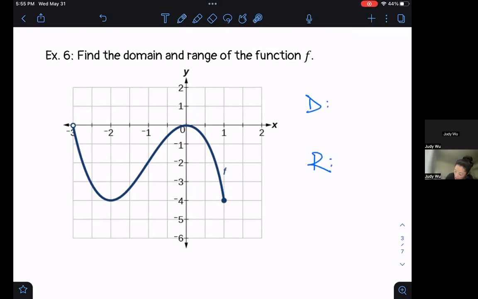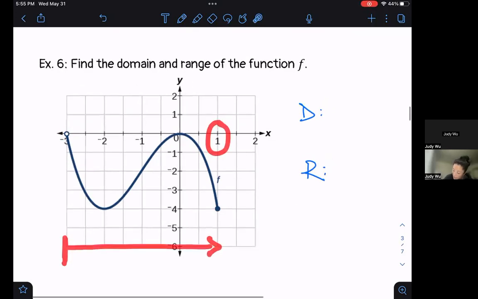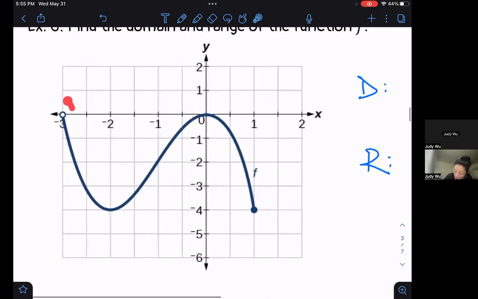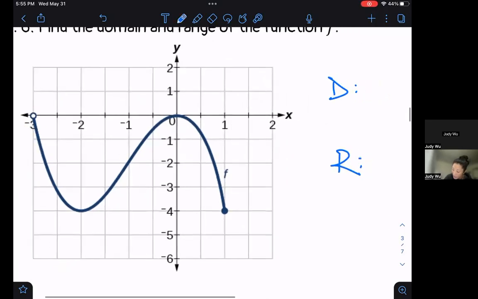All right, let's start scanning for our domain. I'm going to start at -3, and I'm going to go this way. I realize that I stop at an x value of 1, right? But let's talk a little bit about these open circles and closed circles. This open circle at -3 means that we don't actually include -3.